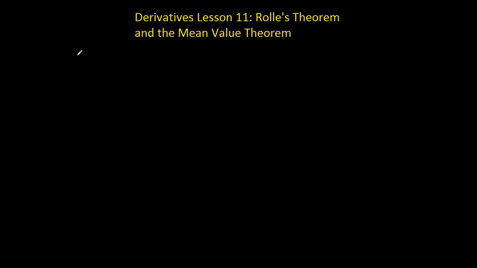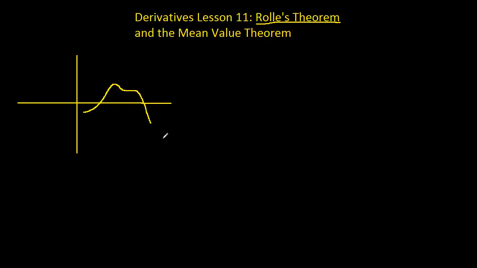So let's say we have a function. I'm just going to plot something here. If we have a function that does something here, dips back below the axis there, Rolle's theorem says that if you pick 2 points on a function that have the same value, that have the same y value.